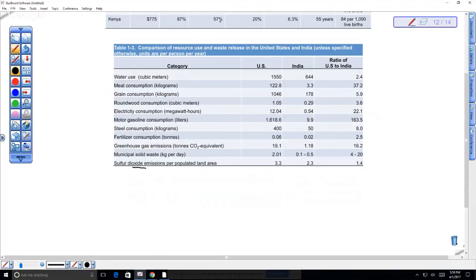I produce 19.1 tons of carbon dioxide as opposed to 1.18 tons in India. This is the problem: there is unequal use of natural resources. And that goes back to principle number 2.